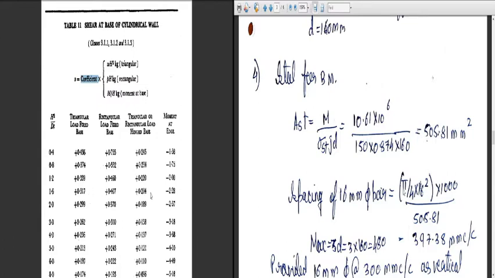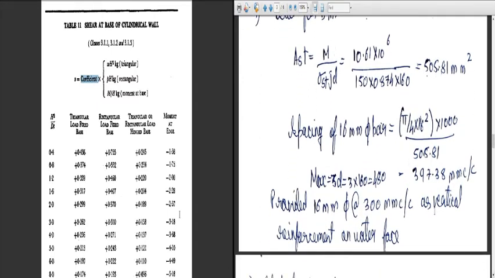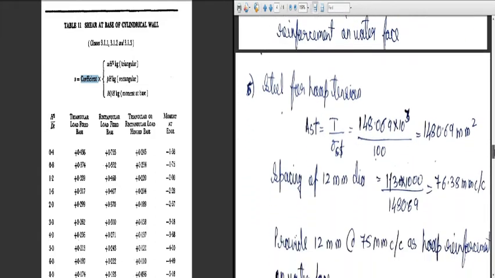Spacing is equal to pi by 4 into 16 square into 1000 divided by 505.81, and maximum is 3 into D, where 3 into 160 is 480 mm. So this component is working out to be 397.38 mm center to center, and here it is 480 mm. So providing 16 mm diameter bars at 300 mm center to center as vertical reinforcement on water face.